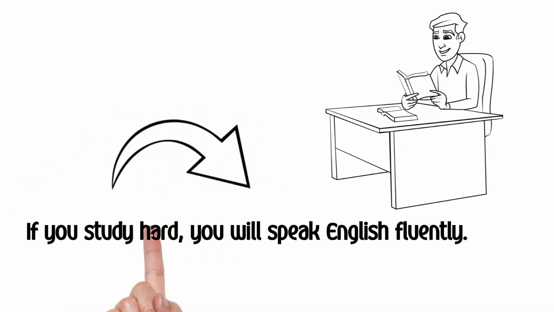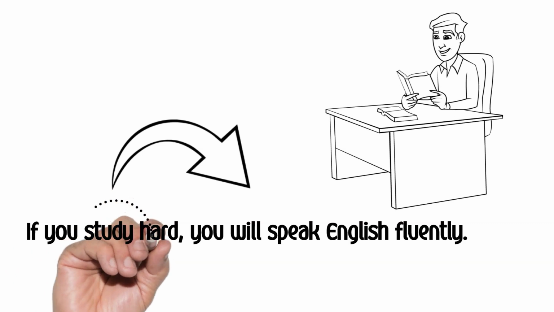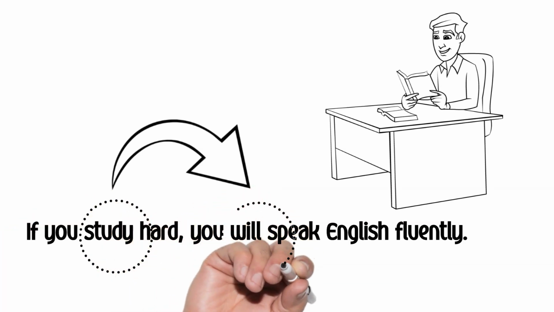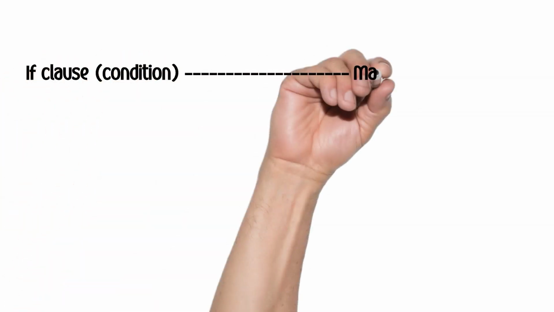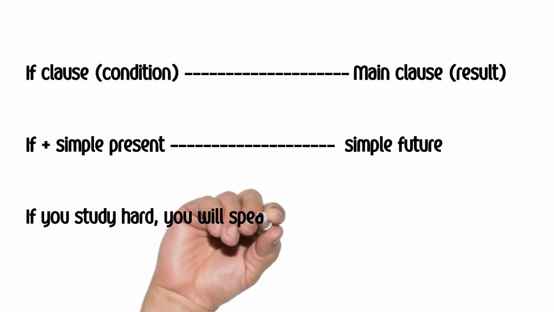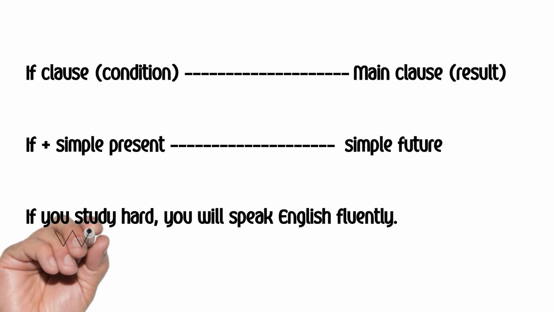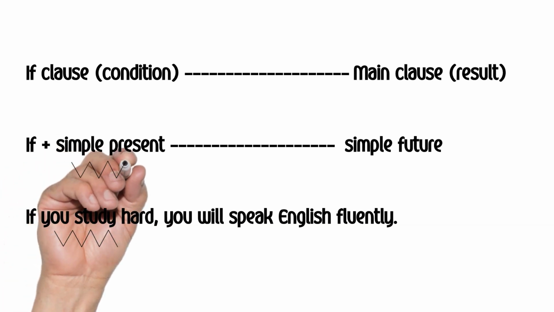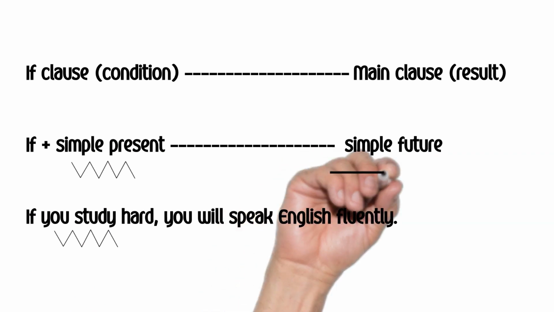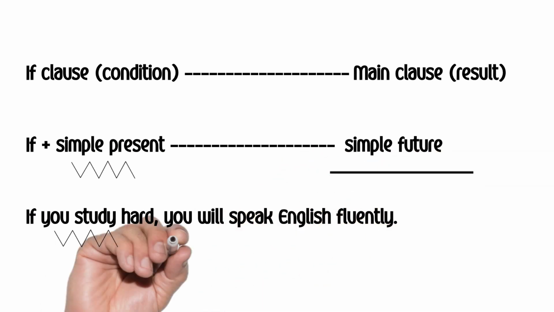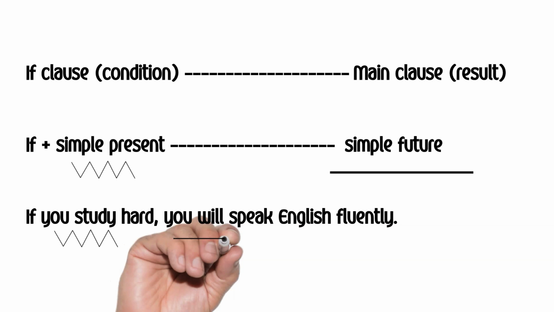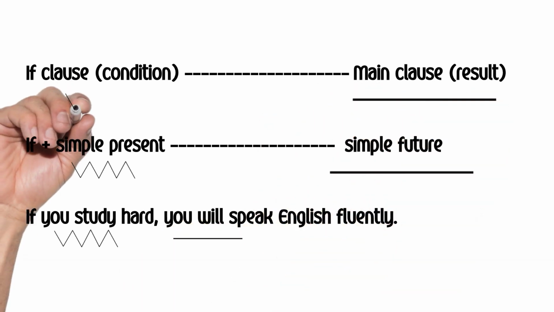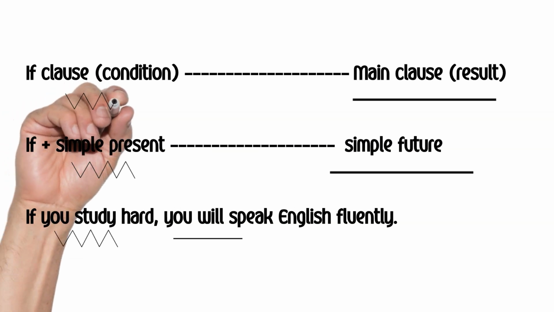As you see, in the first part we have simple present, if you study hard, and the second part we have simple future. In the if clause, we almost always use simple present tense. And in the main clause, we use simple future. We may use will, may, or we can also use can. It shows a possibility in the future.